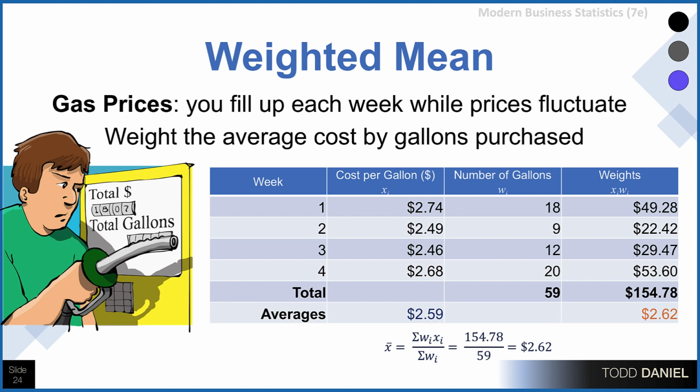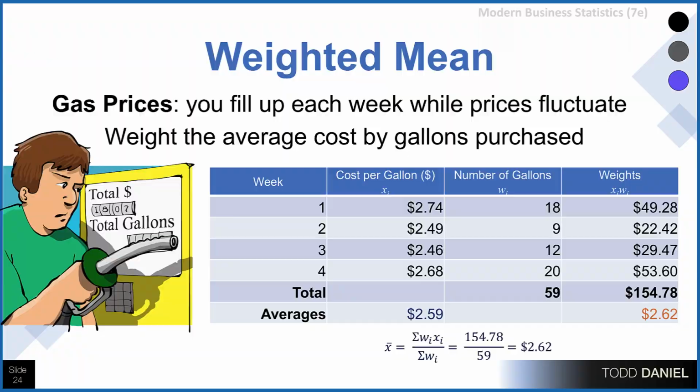The price of gas has gone up and gone down as it fluctuates. Well, we've also been purchasing different numbers of gallons of gasoline each week. So what we have done is used a formula to weight the purchases for a particular week and then get an average of the weighted mean, which we would find to be much more representative of the actual average cost of gas based on how much we were purchasing.